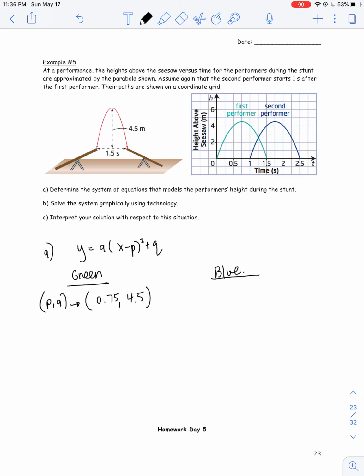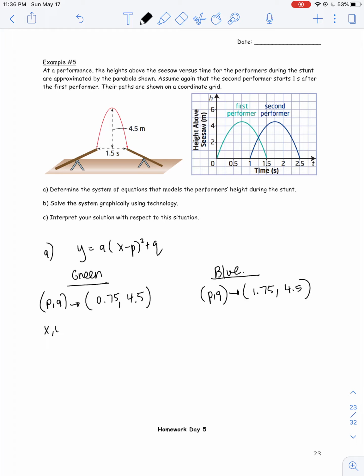And then we'll compare the blue one as well. So the blue one, the p and q, will be 1.75, and our height will also be 4.5.